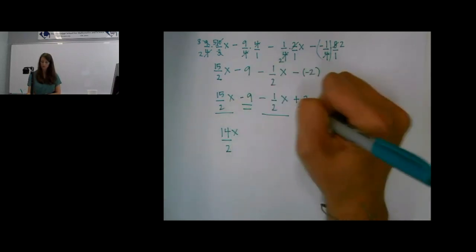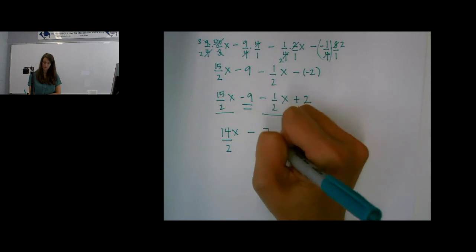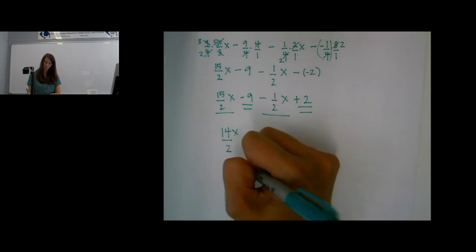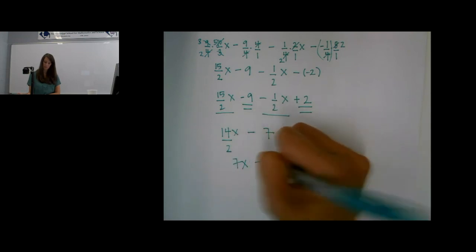Negative 9 plus a 2 is a minus a 7. So that's going to simplify to 7x minus a 7.